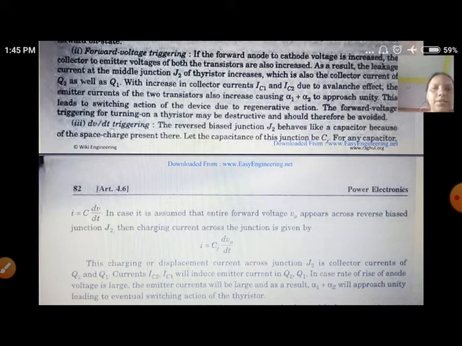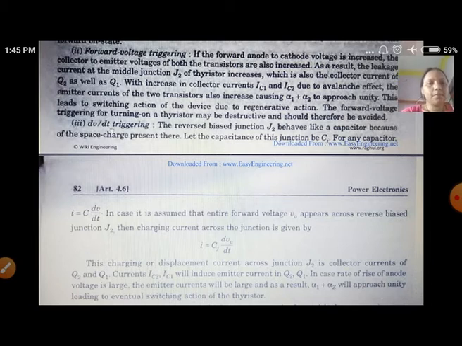If we increase the rate of rise of anode voltage, that means if dVA by dt is large, then the emitter current will be large. Because if dVA by dt is large, the charging current through the junction capacitor is large, and if the charging current is large, then the collector current for both transistors will be large. That means the emitter current will also be large. So if the emitter current is large, as a result, alpha 1 plus alpha 2 will reach unity.